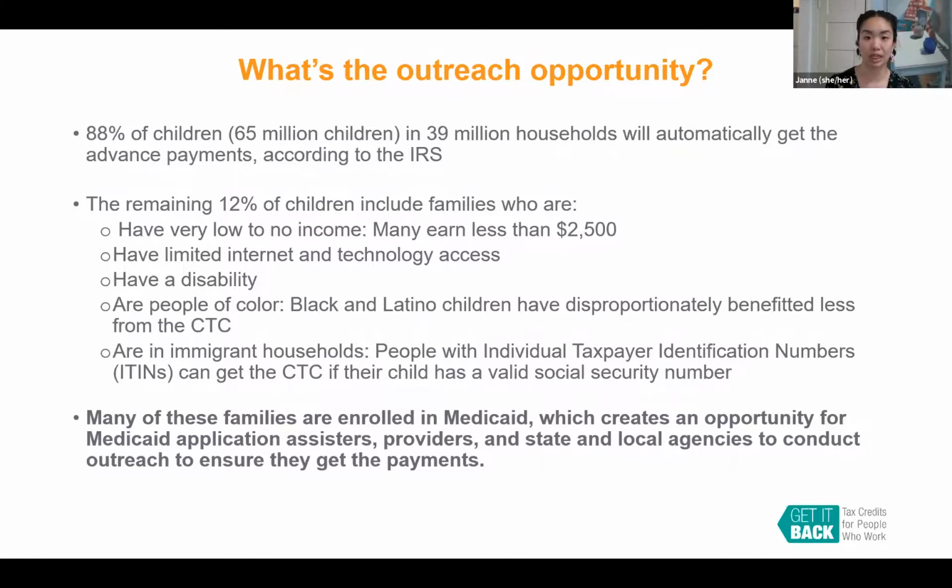So really targeting outreach to those folks. And another point I want to make is these folks are not just non-filers, they're typically folks who have very low to no income. People who earned more than $2,500 qualified for the child tax credit in the past, so they would have been more likely to file their taxes already. So it's really getting those people with low to no income into the fold.